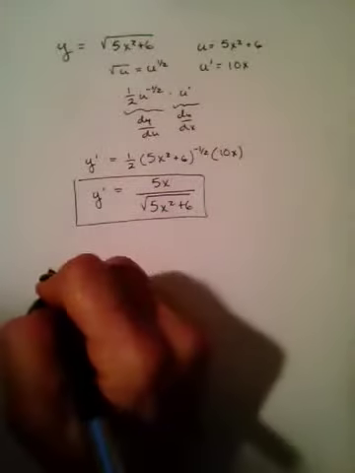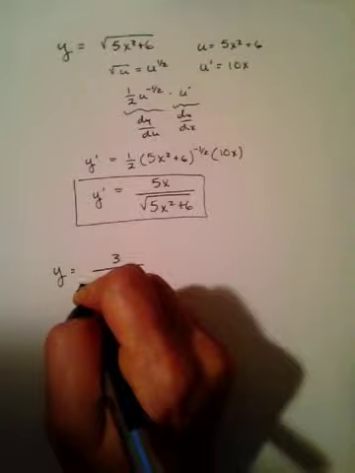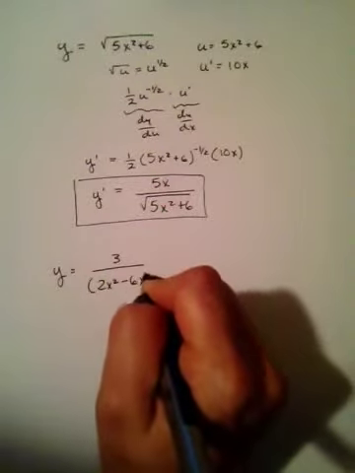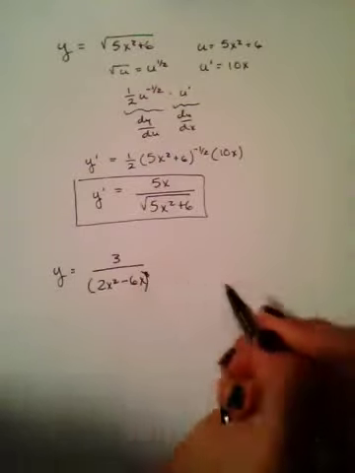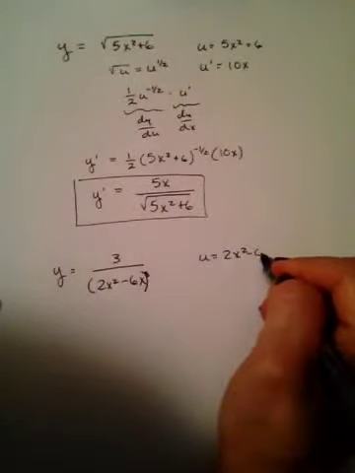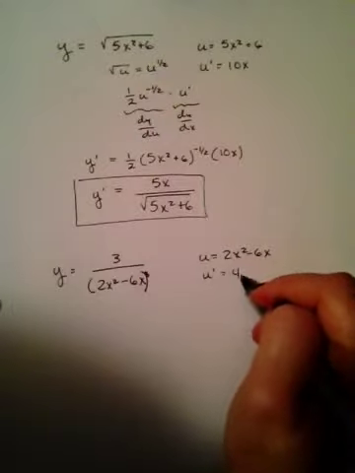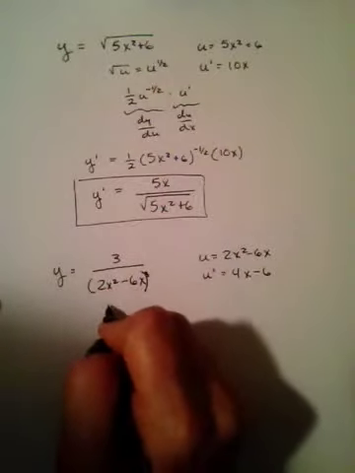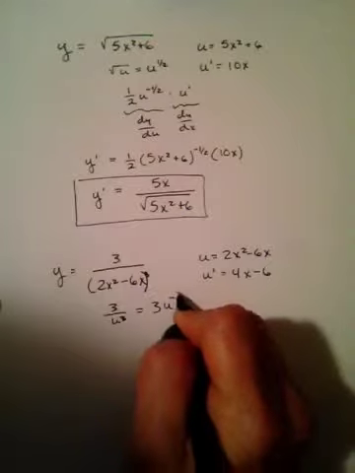Another example might be, let's say you had y equals 3 divided by, and let's just make it (2x squared minus 6x) to the 3rd, the parentheses there. So for this, u equals 2x squared minus 6x, so my u prime will equal 4x minus 6. If I rewrite my function, it's 3 over u cubed, which is equal to 3u to the negative 3.